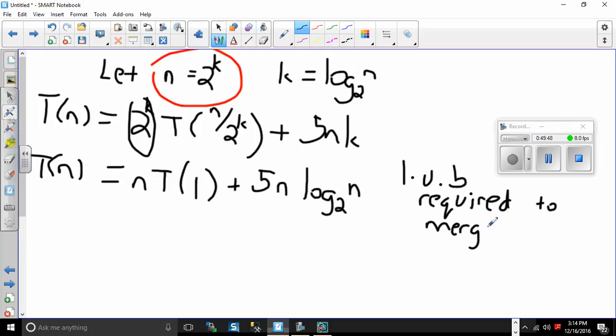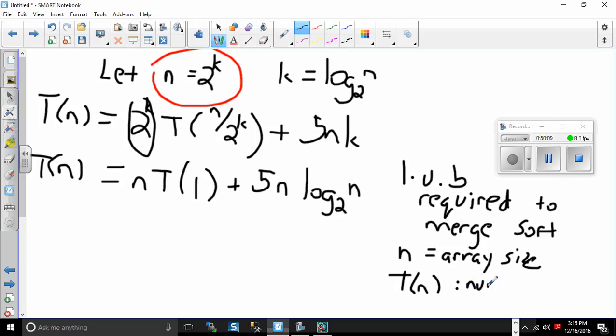And by this I mean n is array size, and T of n is the number of visits, what the book calls number of visits or operations.